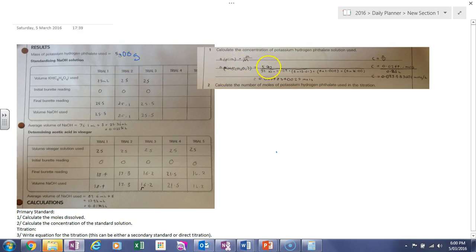So over here, your 5.00 grams divided by, so moles is mass divided by the formula mass of potassium hydrogen phthalate, and it has given you this number here, 0.02448340025 moles. Okay, that's obviously more accurate than you actually know it to be, but we like to only round down at the very, very end.